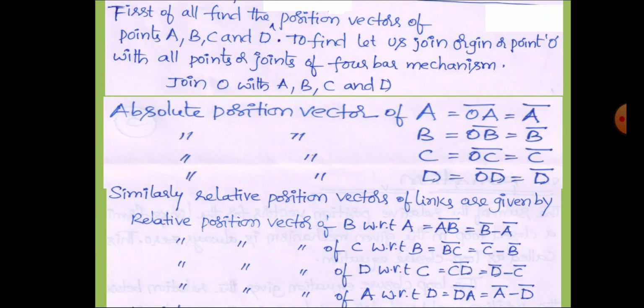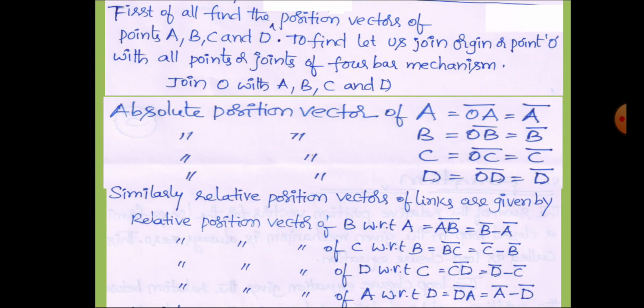Now similarly find the relative position vectors of the links. So the relative position vector of point B with respect to A is nothing but AB bar. It is B with A because the direction is from A to B, then only I will call it AB bar.